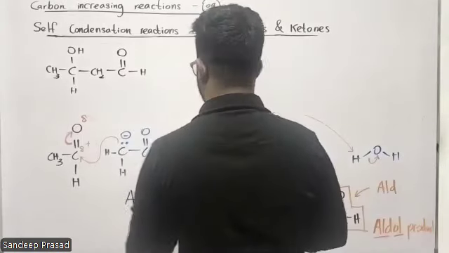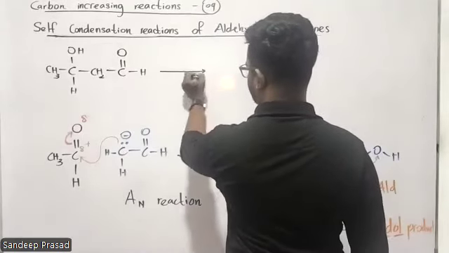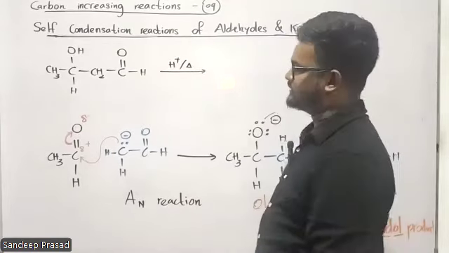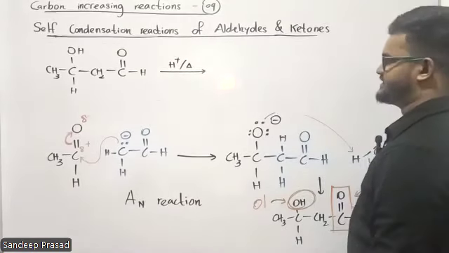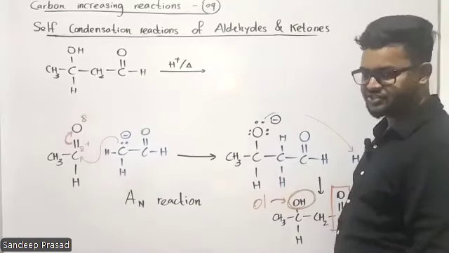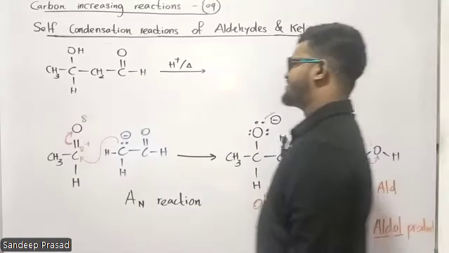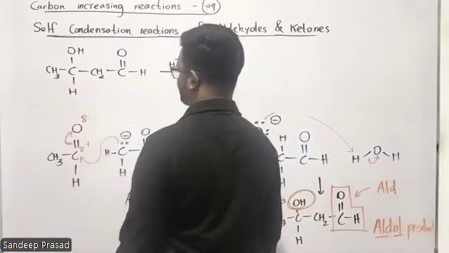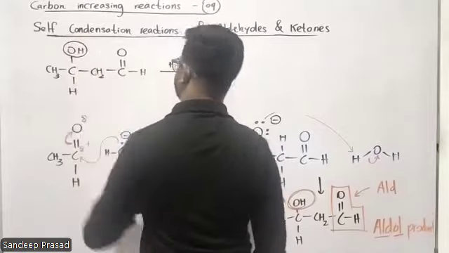So I'm going to add H plus and heat, right? When we add H plus and heat, this is actually a dehydration. Dehydration means a water molecule is eliminated from the compound. The OH group is there.